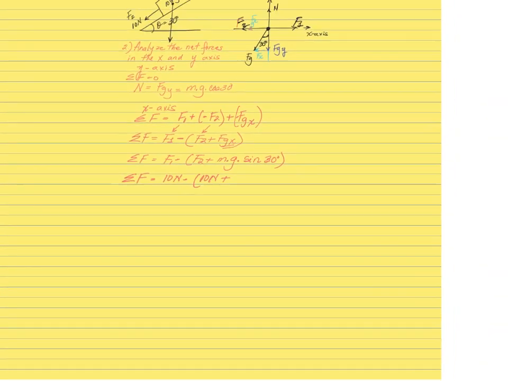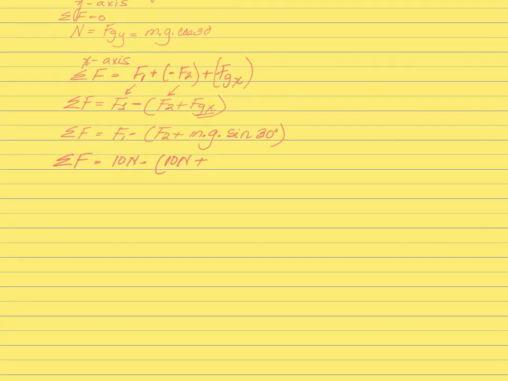What was the mass of this? 10 kilograms. Multiply. Remember that constant is going to be equal 9.8 meters per second squared multiplied by the sine.